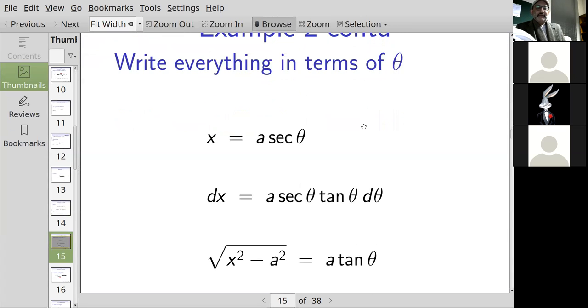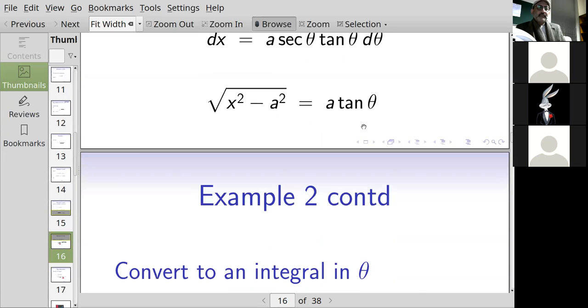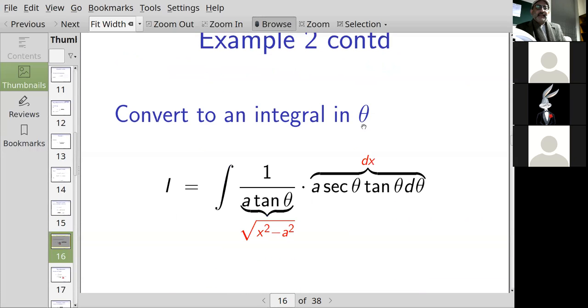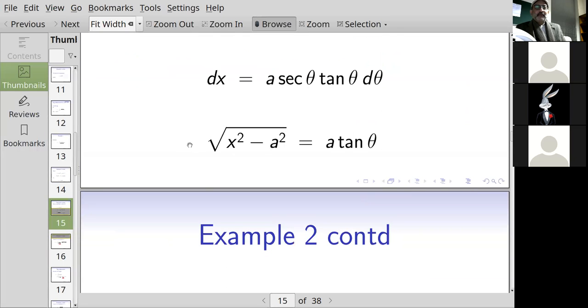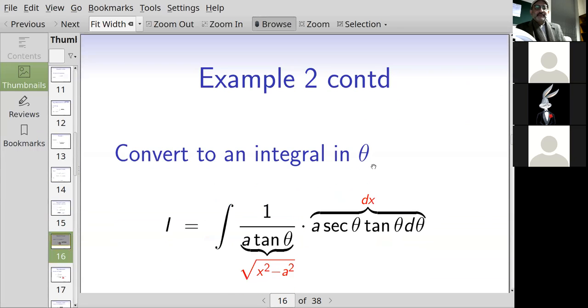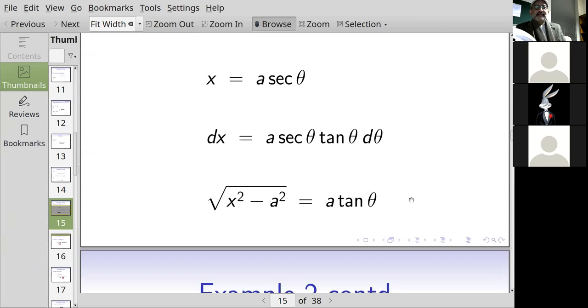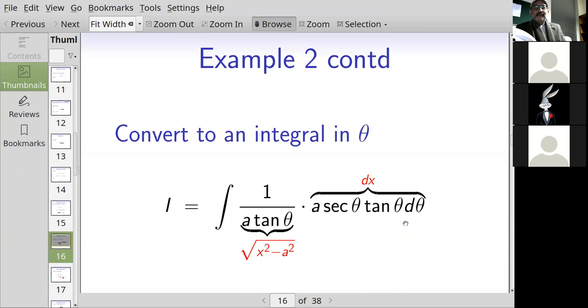And then root of x squared minus a squared is equal to a tangent theta. So then we've got 1 over the root, which was a tangent theta, times dx, which was a secant theta tangent theta d theta.